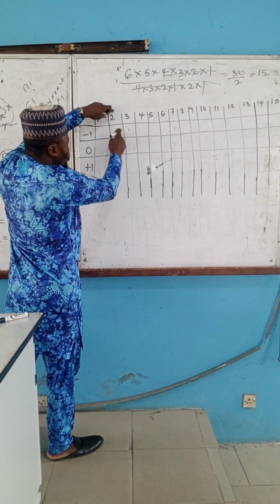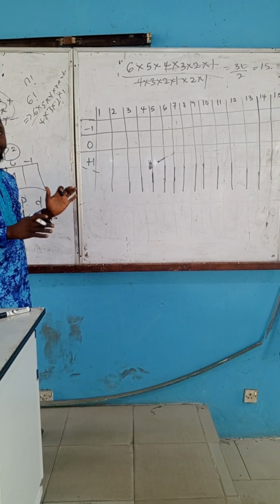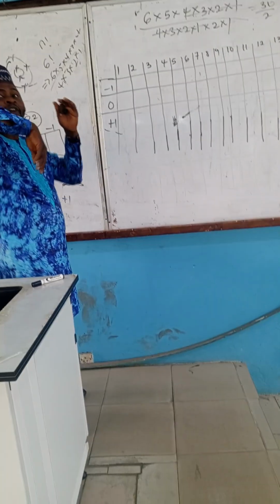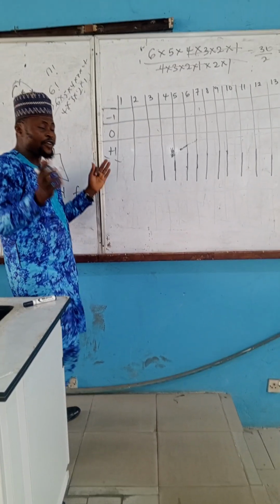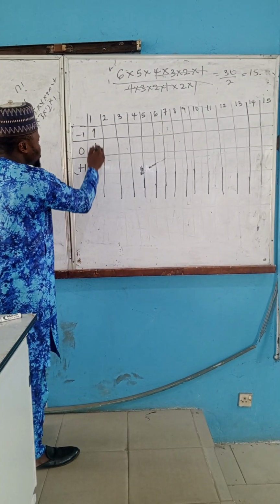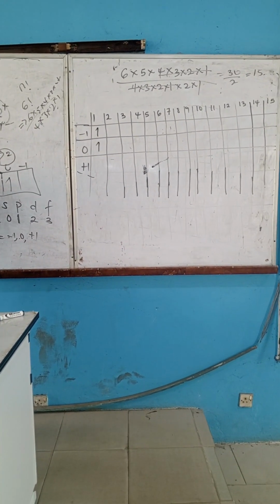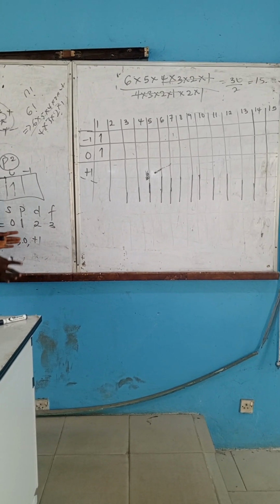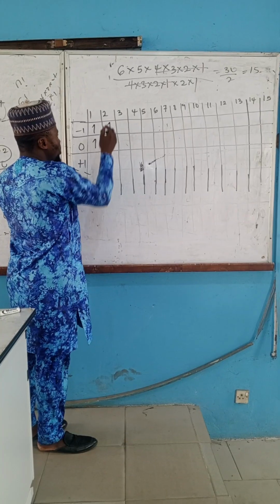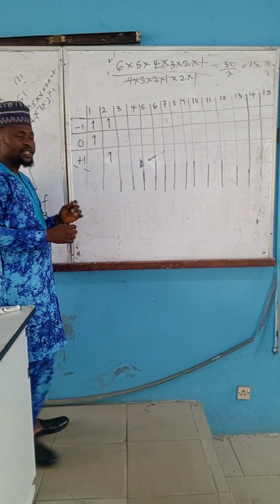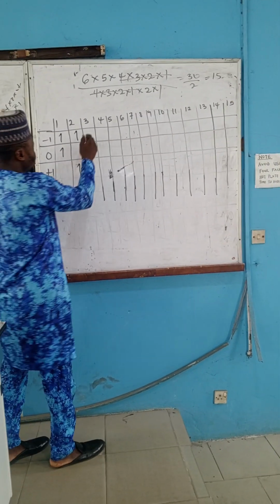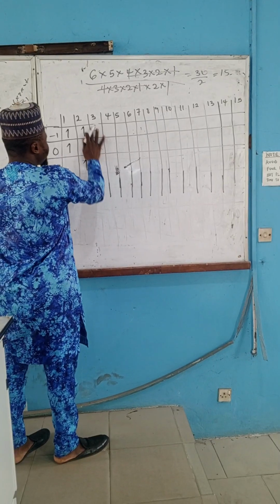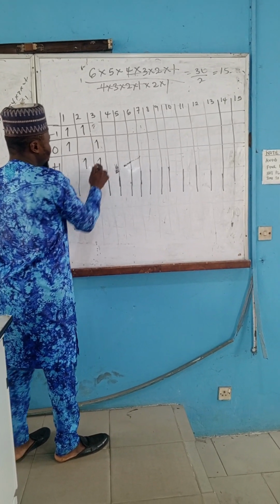Let's assume they are facing upward in the first case. Since we have 2 electrons, the 2 electrons can occupy these 2 rooms. For case 2, one electron can be here, the second one here. For case 3, one here, one here.